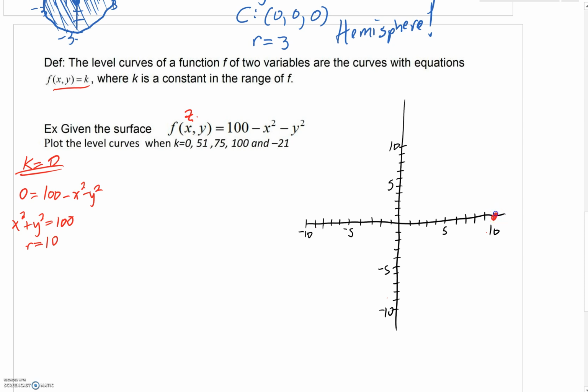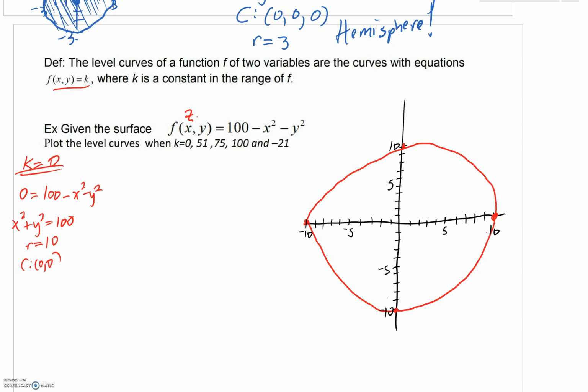So I'm going to come over here and just say that with a center of 0, 0 also, obviously. We could say, well, if we were to graph this thing out, what we're seeing is at a z value of 0, this is what our surface would look like.